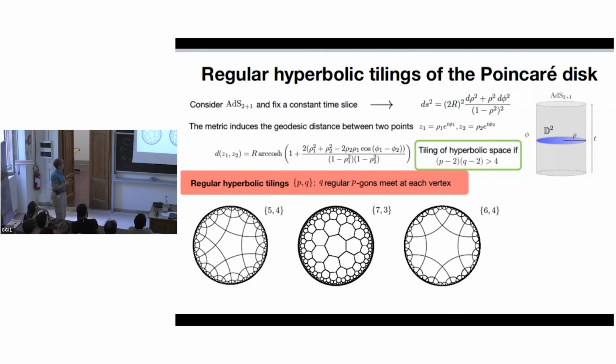We realized in the course of this that if we just work in Euclidean AdS2, and take the limit of infinite size, since this is a non-compact space there will be infinitely many of these polygons, then the boundary manifold will just be an S1, a circle.